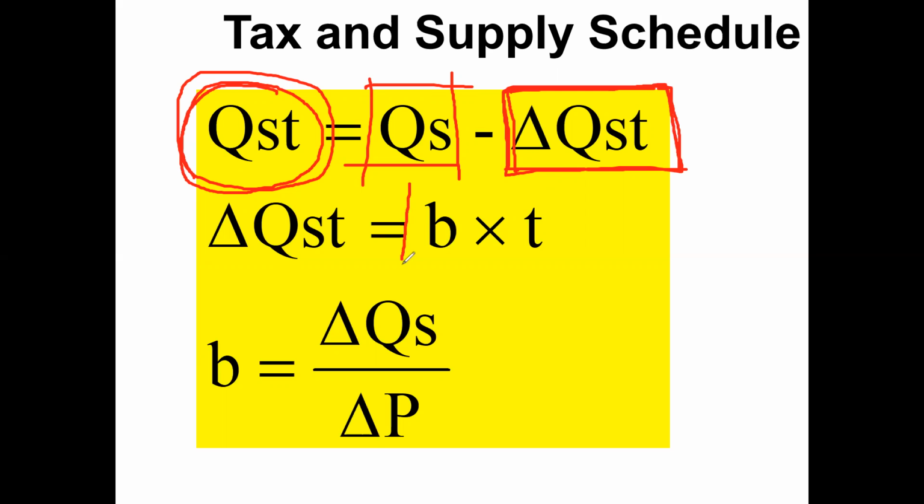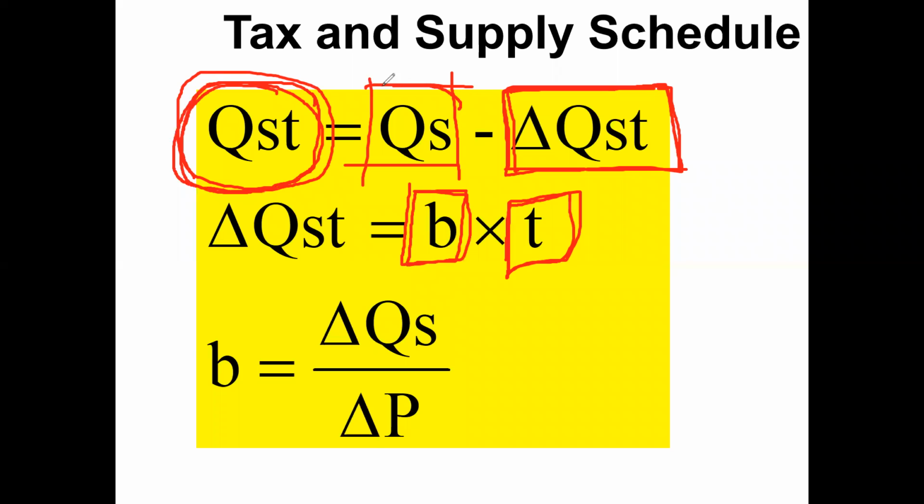Then B equals slope of supply equation. T is unit tax, tax per unit. Let's see: QST, supply quantity after tax.